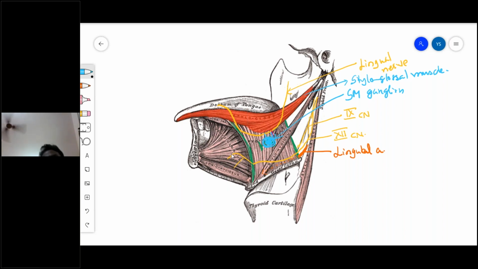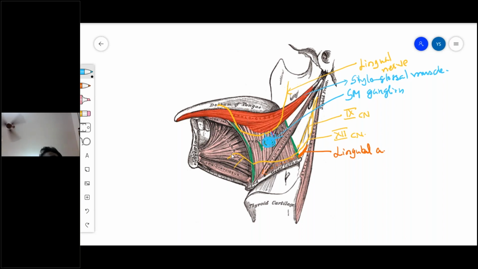Once again I explain these identifications. With the two green color borders, I am showing one vertical muscle between the hyoid bone and the side of the tongue. That muscle is the hyoglossus. Next we can see three nerves in this picture from above downwards: lingual nerve, 9th cranial nerve, and 12th cranial nerve.